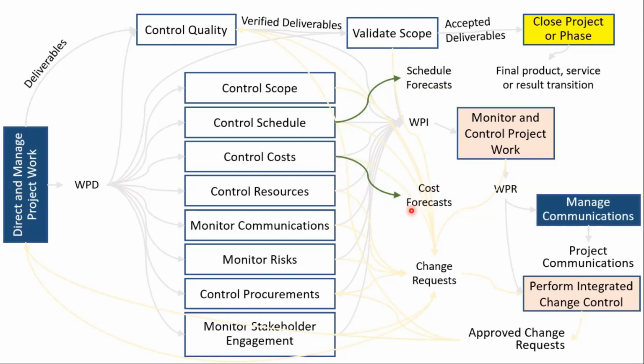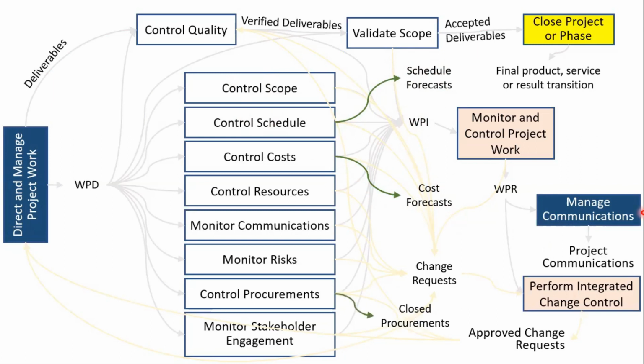Similarly, the cost management process will also give the cost forecast as an output. Though these might be more or less considered as information, you could think of these as a special version of work performance information. It's a special form of information. After the analysis, you basically get work performance information, schedule forecast, and cost forecast.